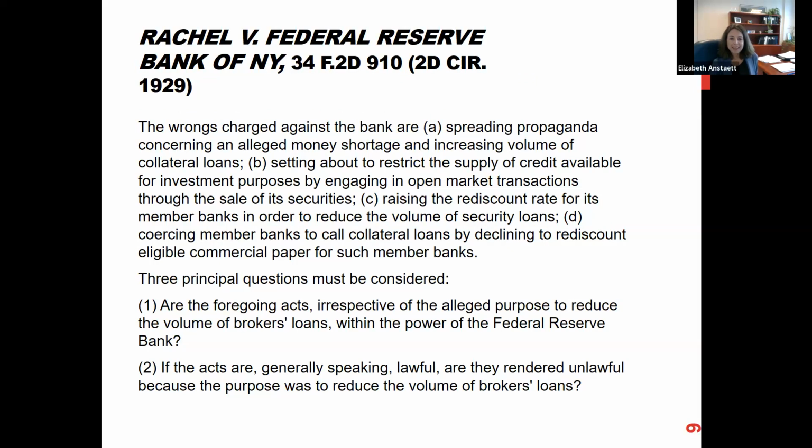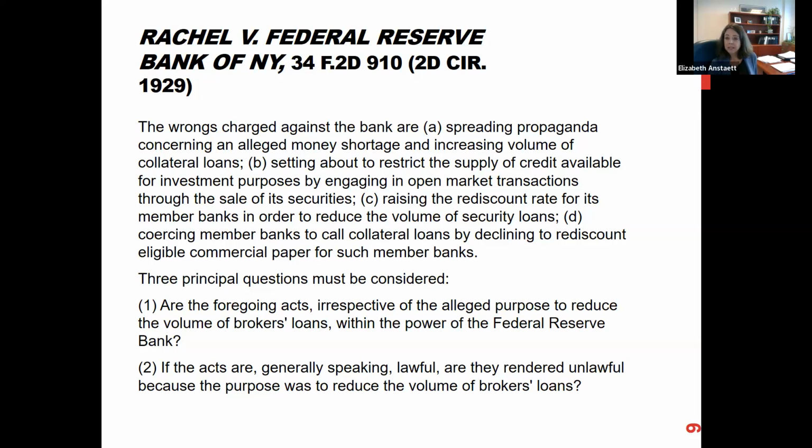We read a second case, and this was a challenge to the Federal Reserve Board's actions. I have a summary up here of some of the things they were doing: spreading propaganda, somewhat like what I said last week, where they talk about what they're going to do. They were restricting credit through open market transactions.